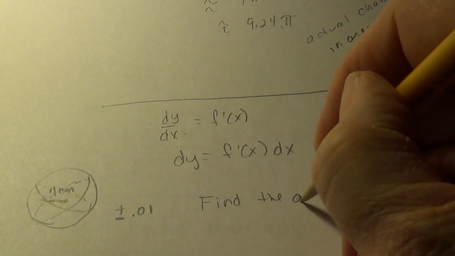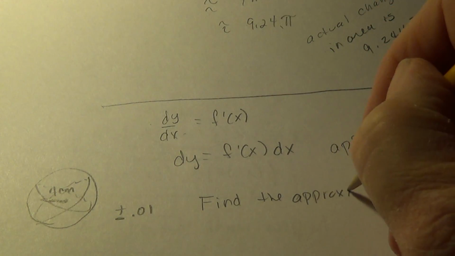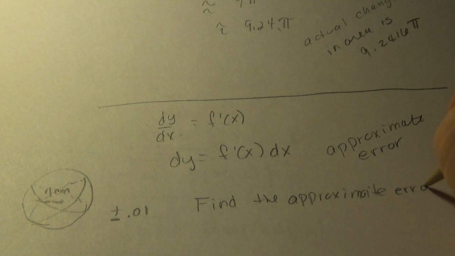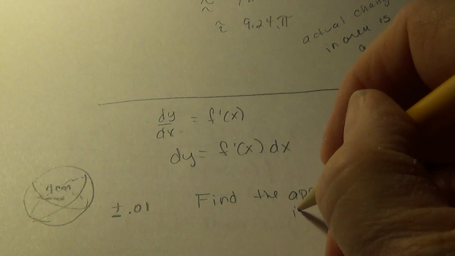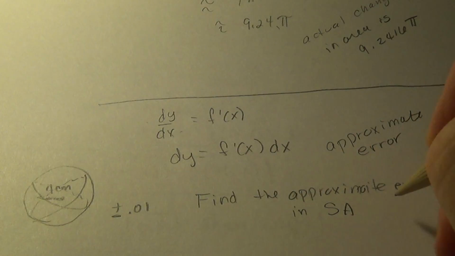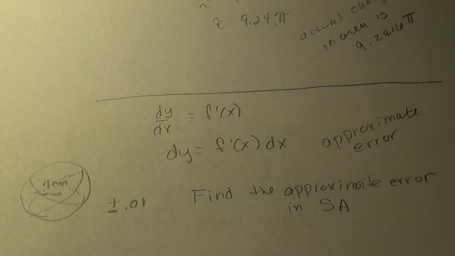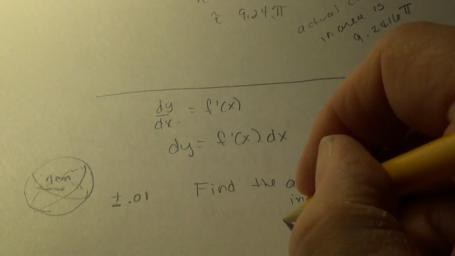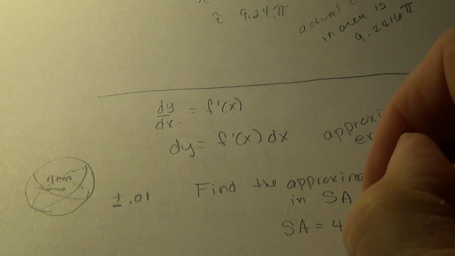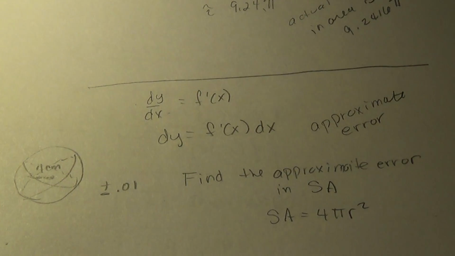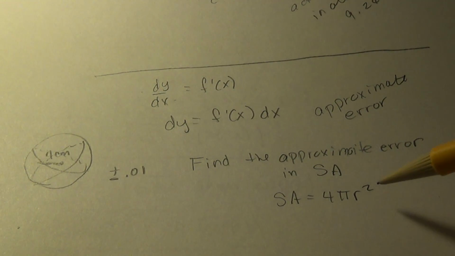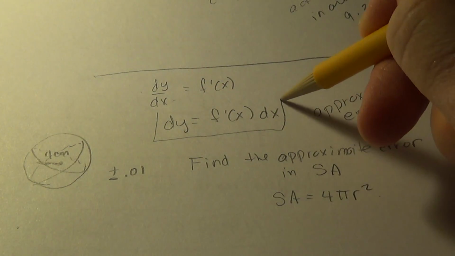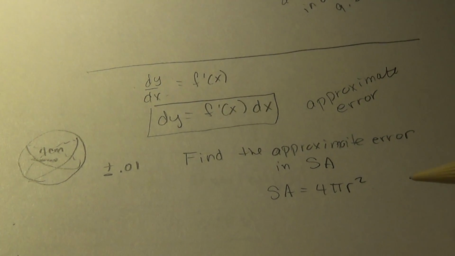Find the approximate error when you calculate the surface area of the sphere. The surface area of the sphere is the equation 4 pi r squared.